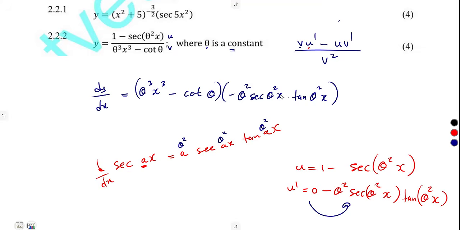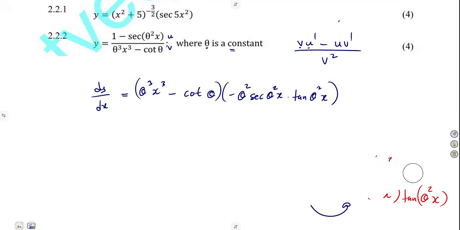Or if you want, you can just put the brackets, or you can simply have it as it is. So that is the derivative of what you're given. So we have got u and v and the derivative of u.